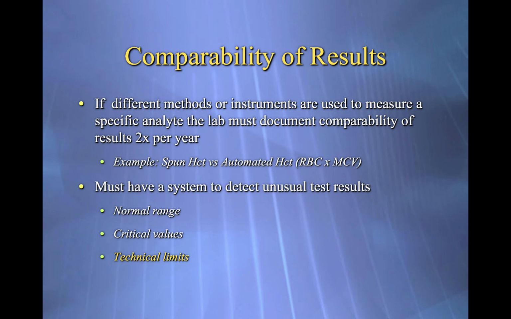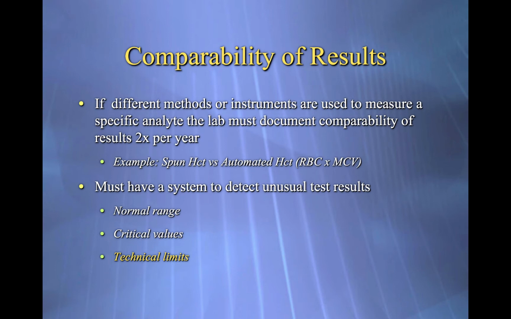That's just showing good laboratory practice that no matter which methodology I use, the results are the same. The same would be said for 2 of the same instrument, or different instruments. If they're giving out the same result, then we should match them up and make sure that those results are consistent between the instruments, so that it doesn't really matter which instrument I use to test a sample.